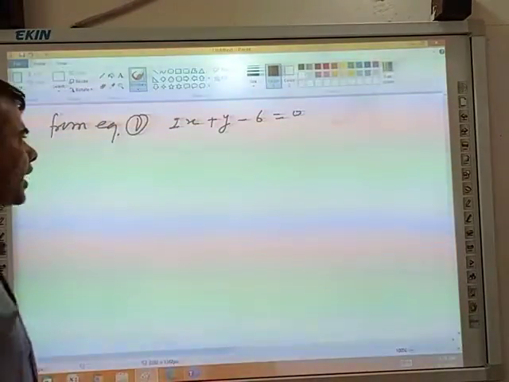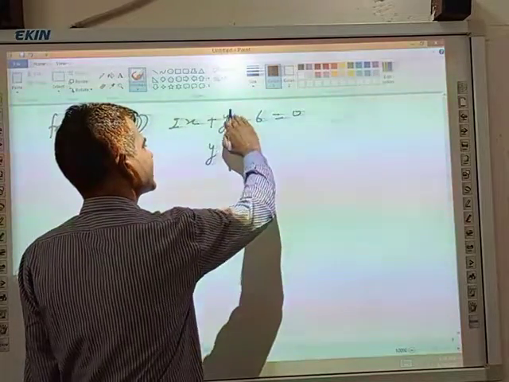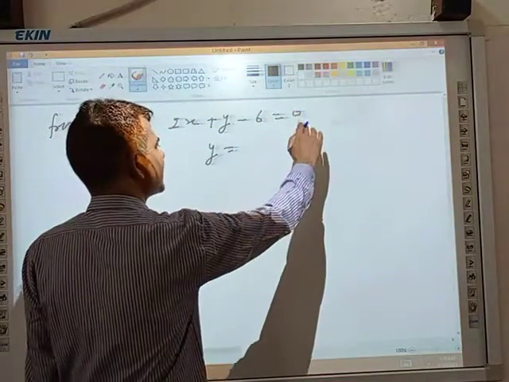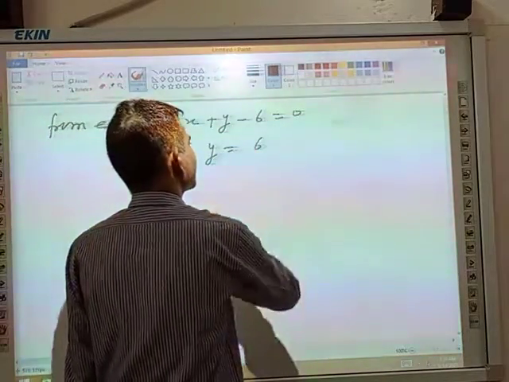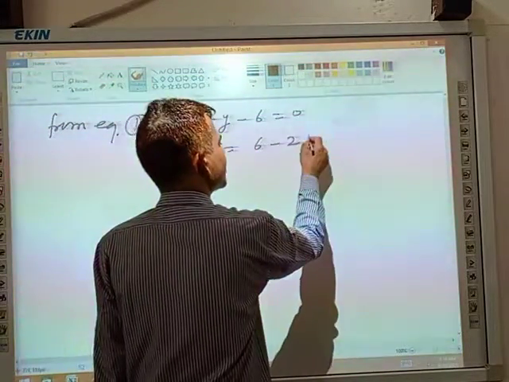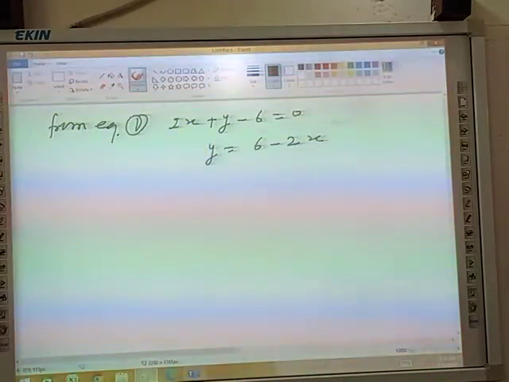Now students, if minus 6 is transferred from the left hand side to the right hand side, minus 6 changes into plus 6. So y is equal to 6 minus 2x.